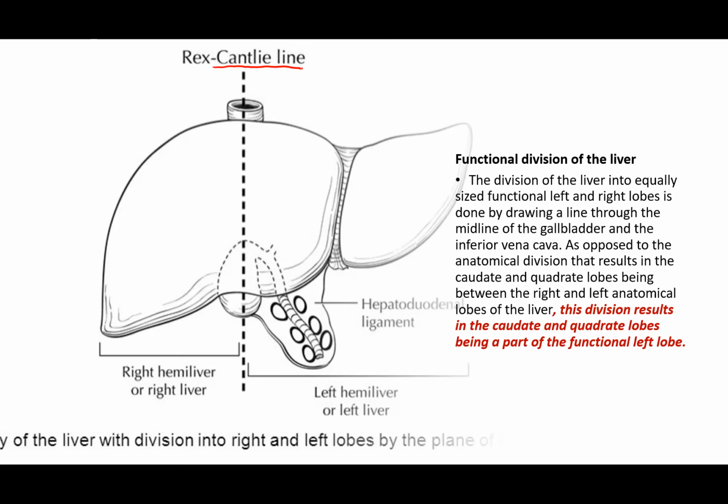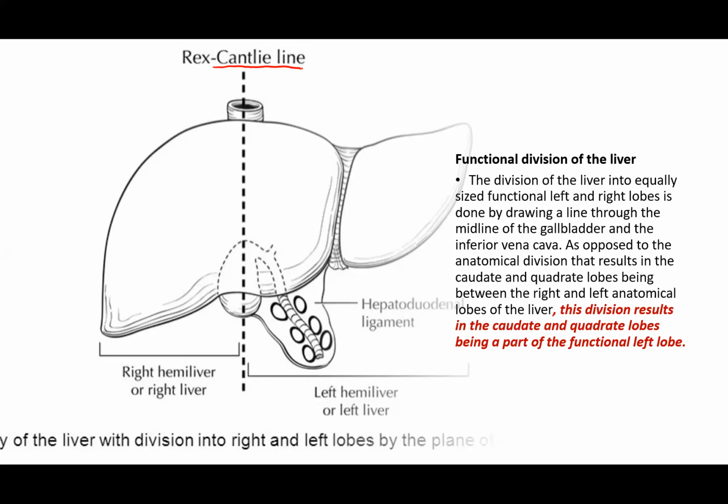There are 2 important things you need to know about this landmark. It is an imaginary line that cuts across the inferior vena cava, porta hepatis, and the gallbladder. And it also signifies the position of the middle hepatic vein. The middle hepatic vein lies along the Cantlie line.